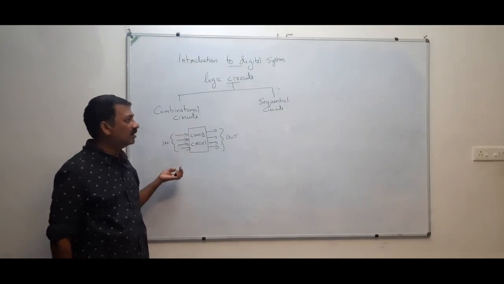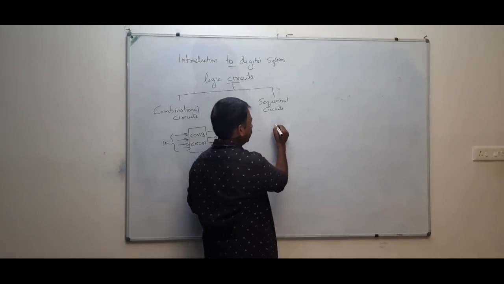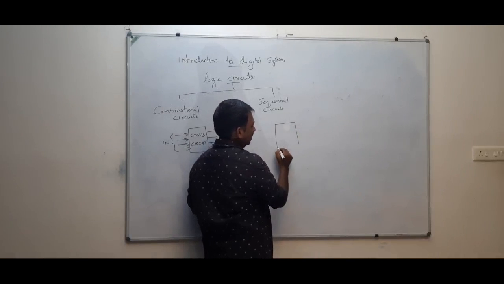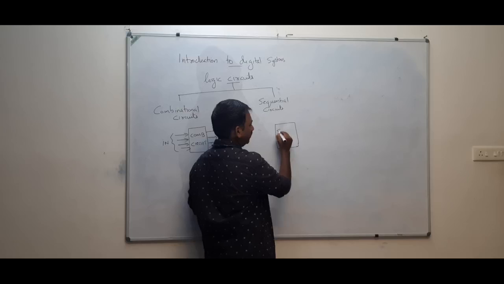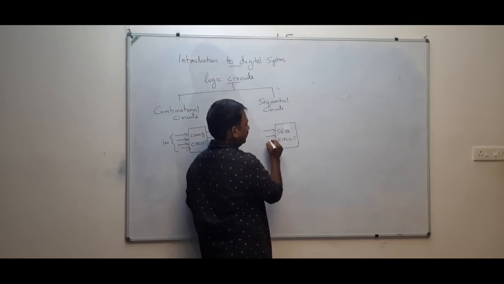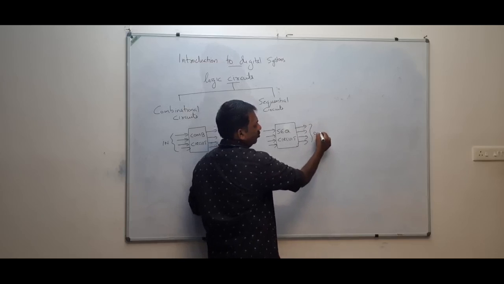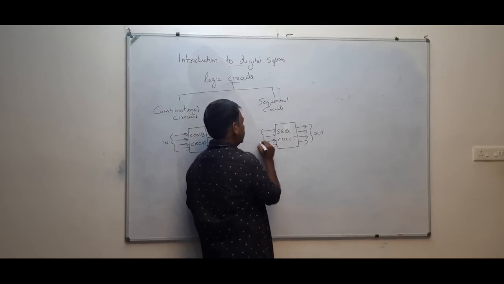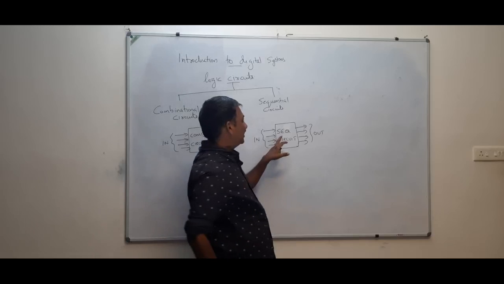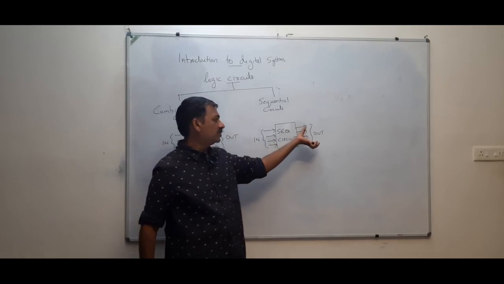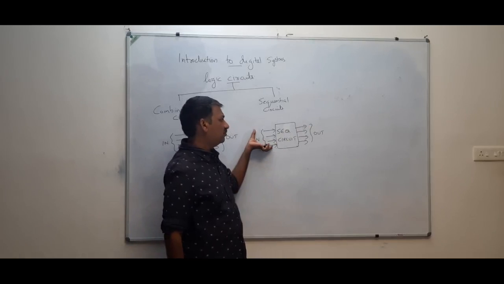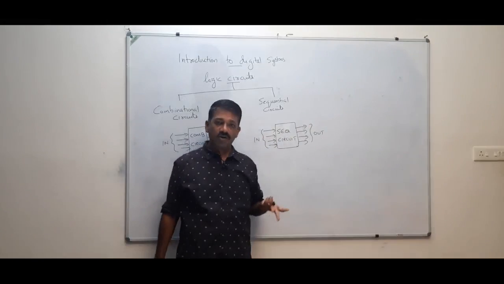But in the case of a sequential circuit, suppose that you have a set of inputs and a set of outputs. Then the output depends on the current inputs as well as previous outputs.